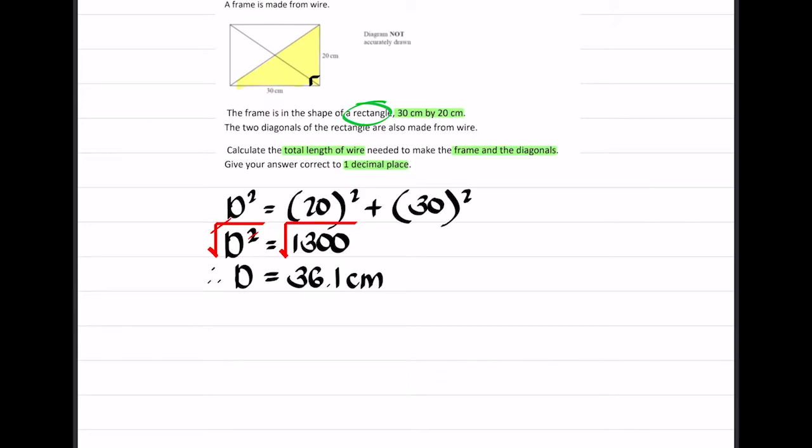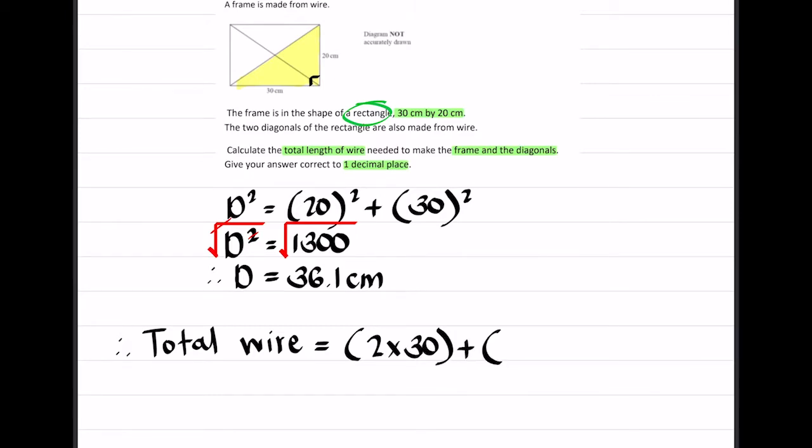But the question says calculate the total length of wire needed. So that means that the wire is needed for 2 lengths, 2 widths, and 2 diagonals. So therefore, the total wire will equal 2 of the lengths, which is 30, plus 2 of the widths, which is 20, plus 2 of the diagonals, which is 36.1.